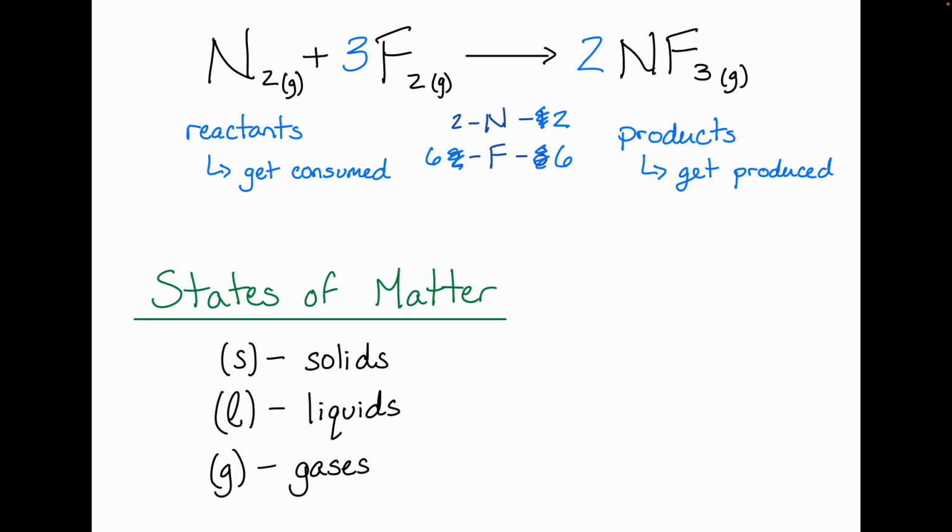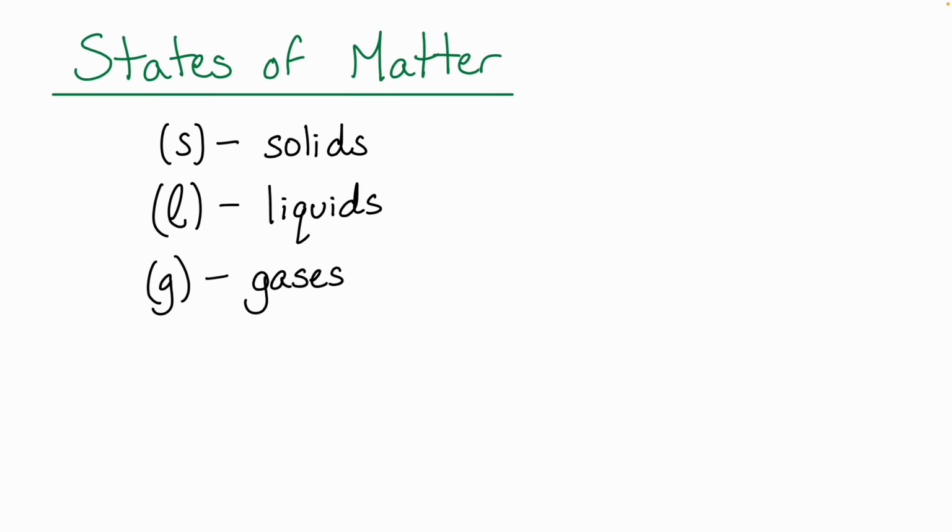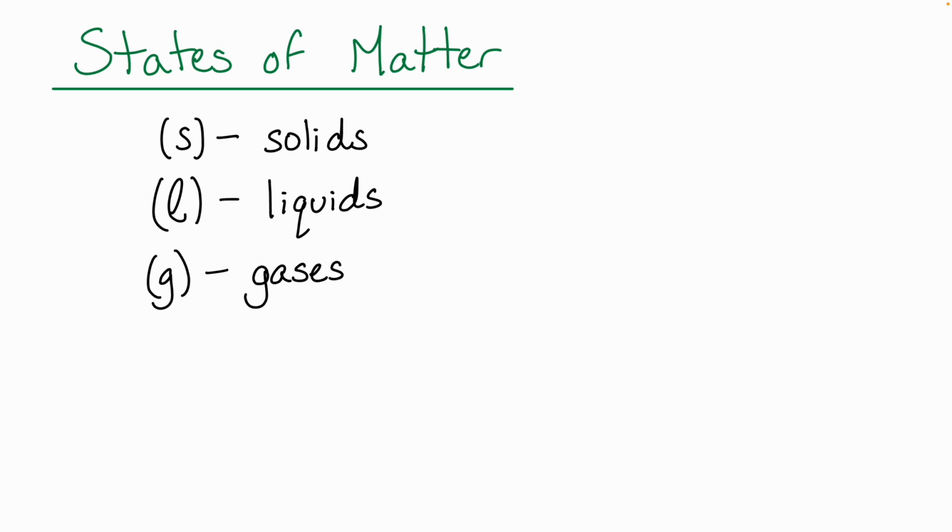Okay, I make my L kind of that fancy cursive L just so I don't think it's a 1, but that is in no way, shape, or form required. Okay, the last state of matter that we'll see a lot, and we'll talk about this even more in depth when we introduce solutions, is this AQ designation here. And this means an aqueous solution.